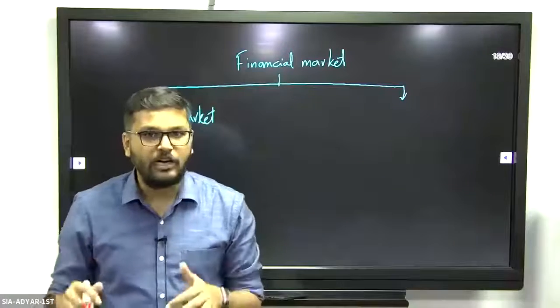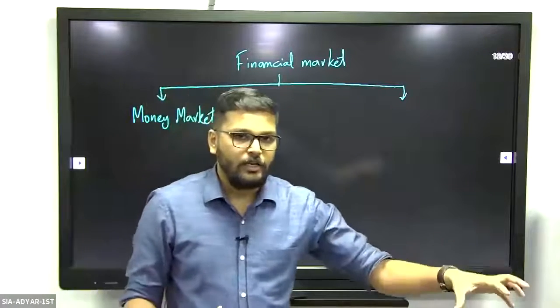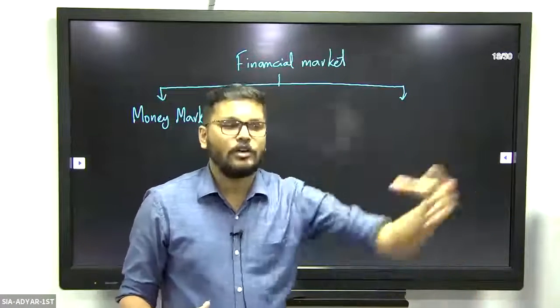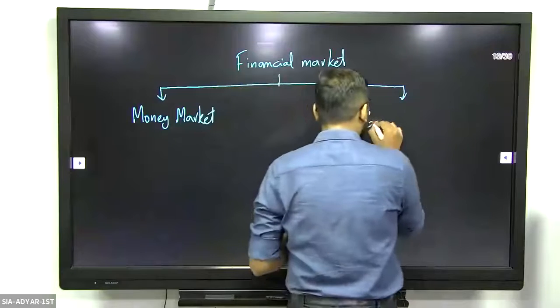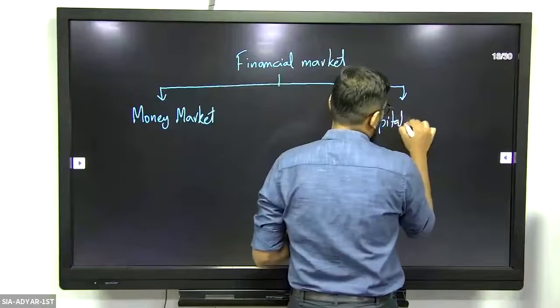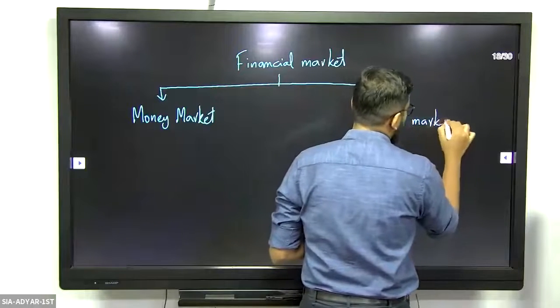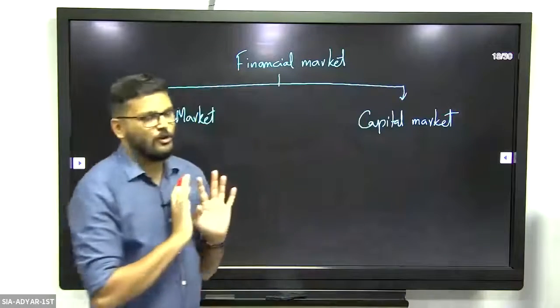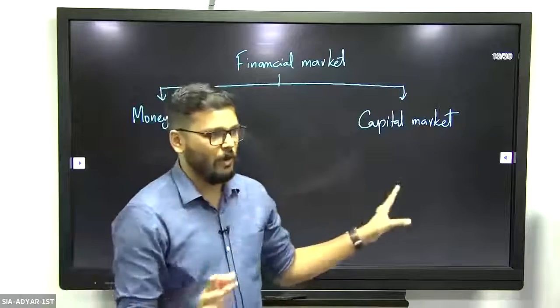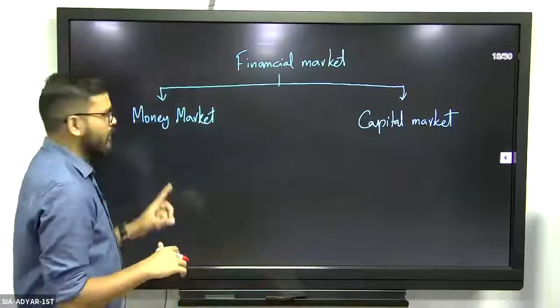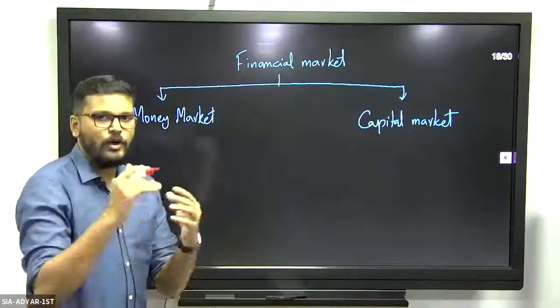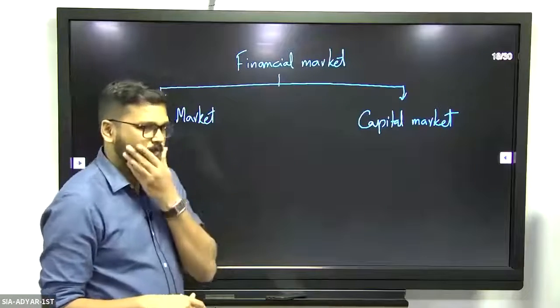Money market is about the current working. The other market is called as the long term, for the expansion. That is once again called as the capital market. In all three classifications, this market is called as capital account, capital market. Here the name changes: revenue, current, and now money.